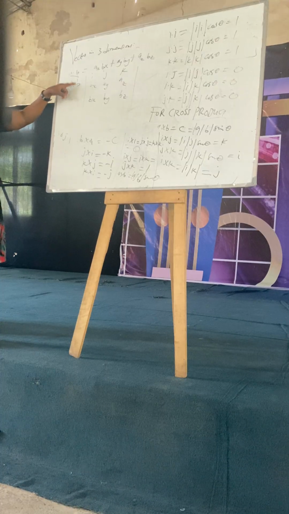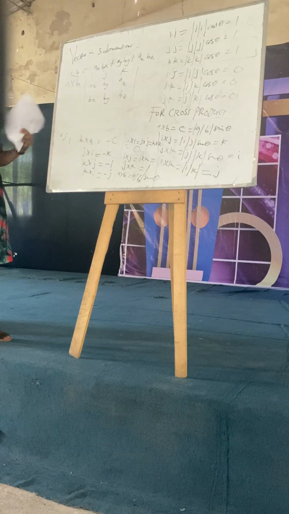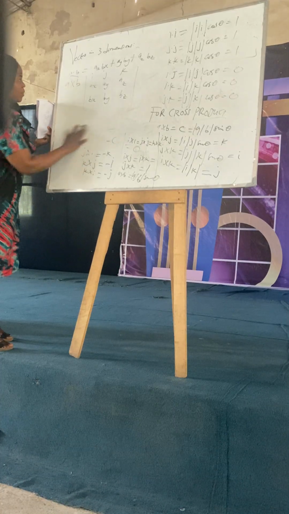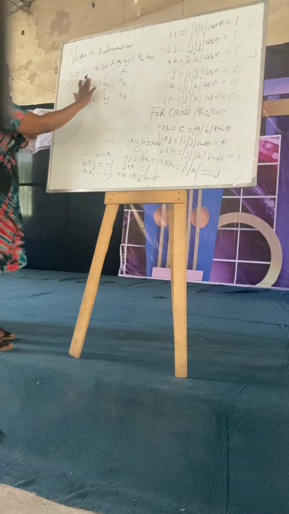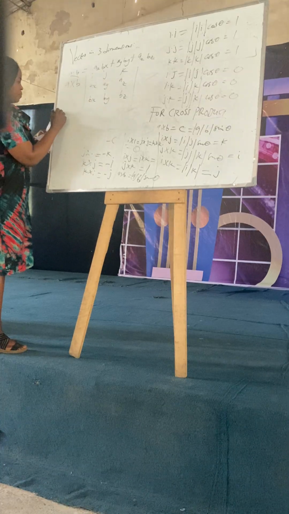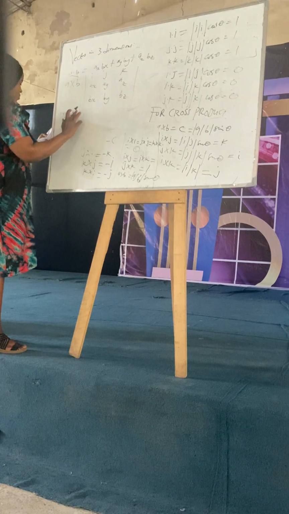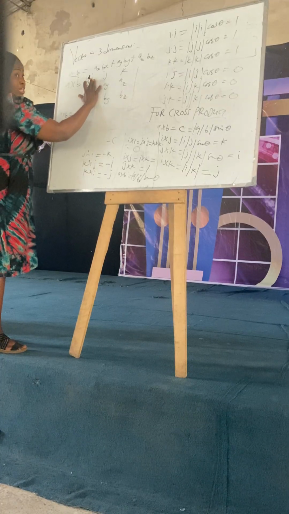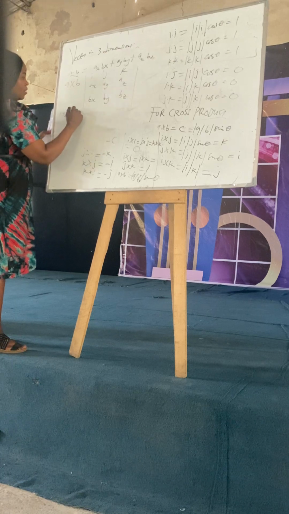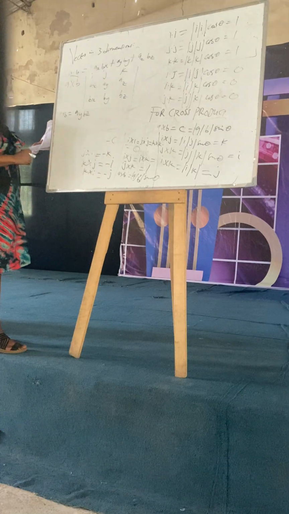It's no longer going to be this plus this as we did. To get A cross B, look at how we're going to get the formula. A cross B equals: close this, do you get what I'm saying? If you close it, what will you have? AY BZ, right?